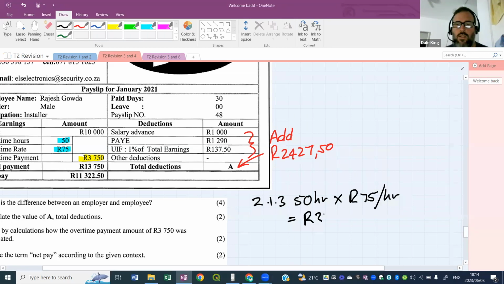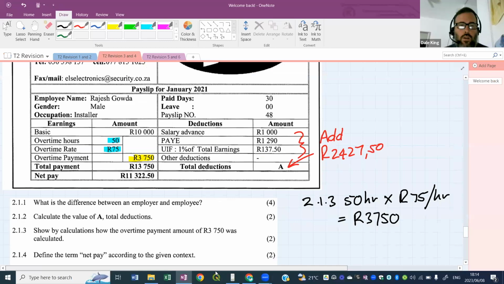All right, so when they say in the question, show how, or show by calculation, or check that, you've got to get the same answer that they're getting. If you're not, don't just leave it.